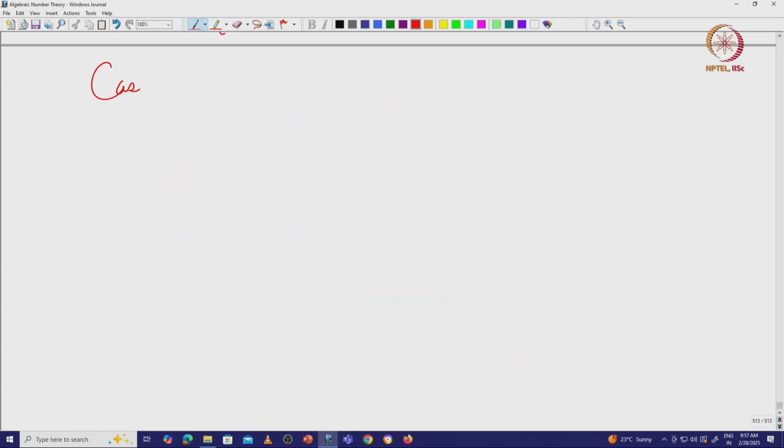So case 3 is what we are going to look at today. Case 3 is m is congruent to n is congruent to k is congruent to 1 mod 4. And here is another exercise.